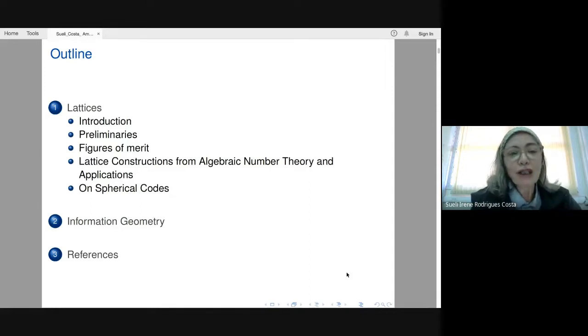And then the second topic will be information geometry, which is essentially the geometry of statistical manifolds and applications, right? So let's start with lattices.